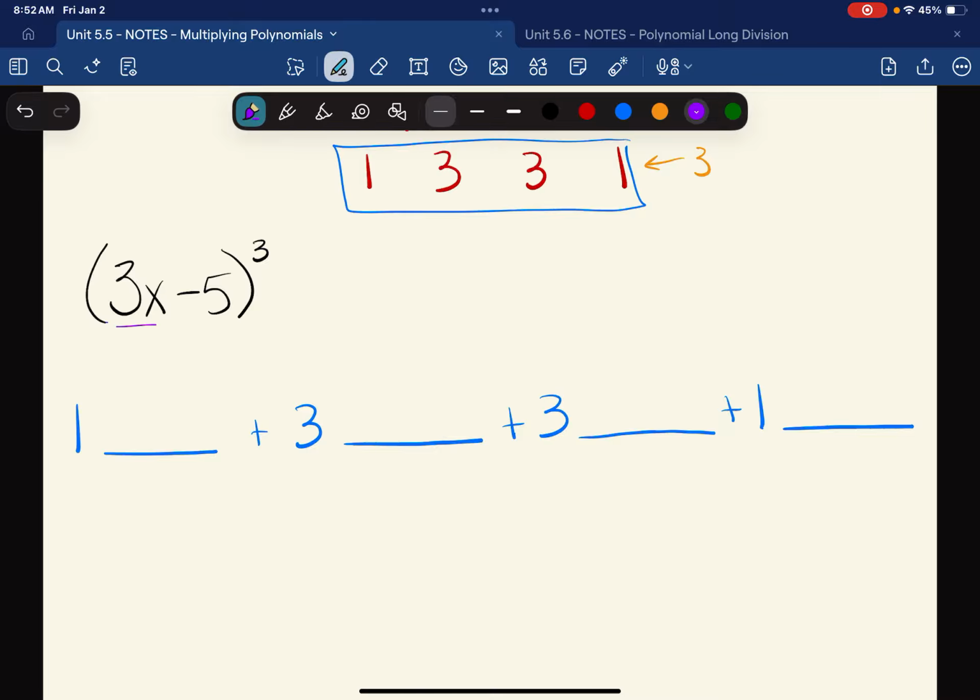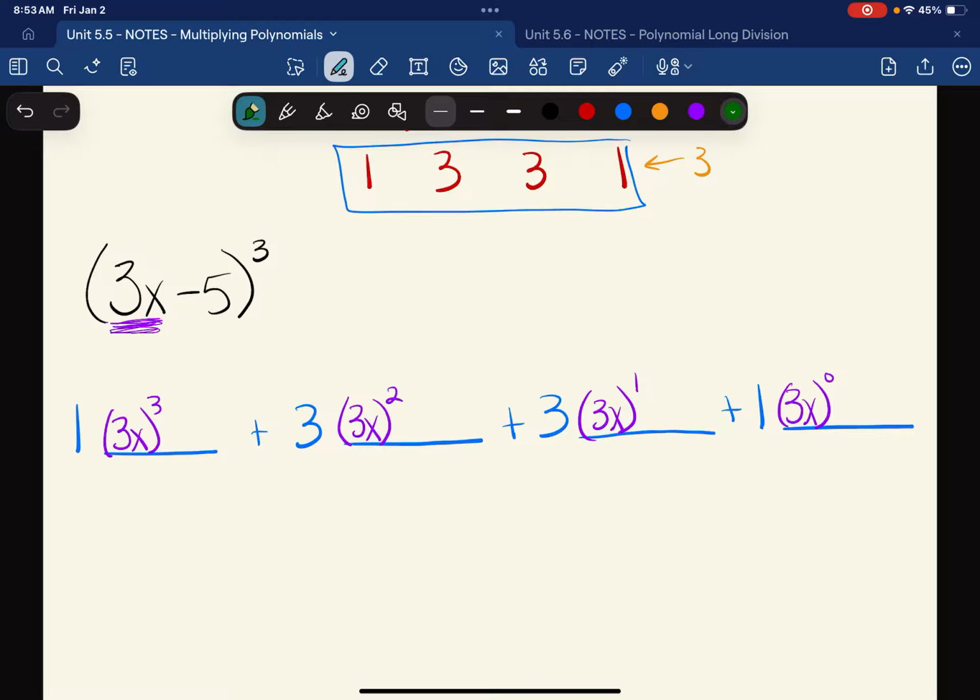We're going to start out with 3x. The first part of my binomial is 3x, but because it's not just a variable, it has a coefficient, I need to put this in parentheses. (3x) to the 3rd power. Then I have (3x) squared, (3x) to the 1st power, and (3x) to the 0 power.